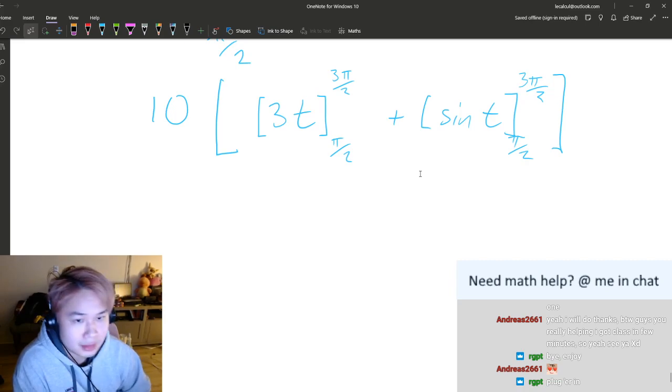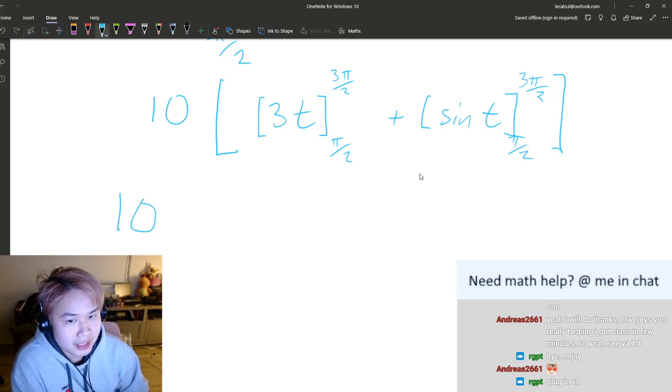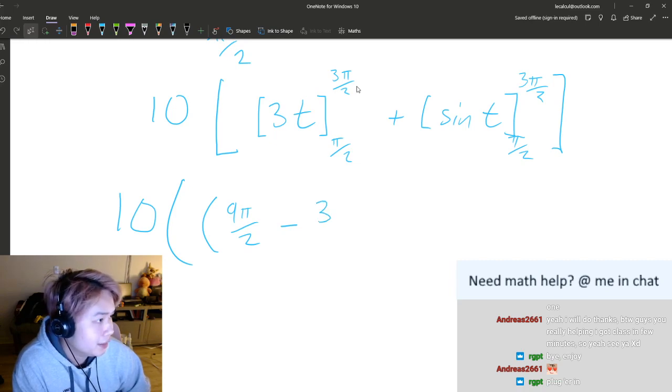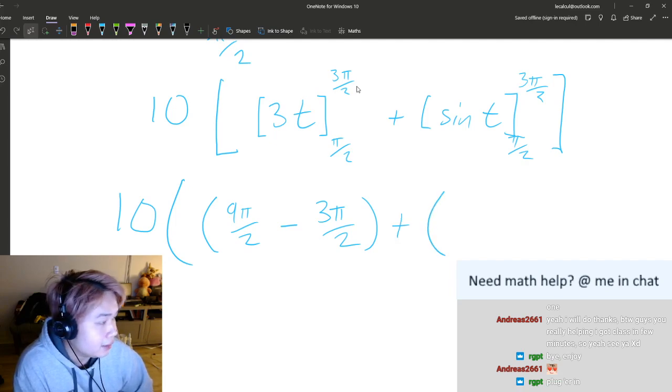Time to plug her in. So we got 10 outside, and then we have 3 times 3 pi over 2, which is 9 pi over 2. And then you subtract 3 times pi over 2, which is 3 pi over 2. And then, let's see, sine of 3 pi over 2.